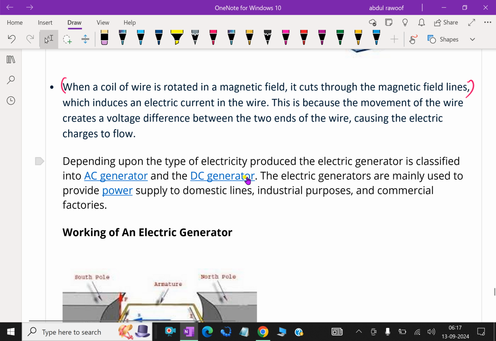Depending upon the type of electricity produced, electric generators are classified as AC generators and DC generators. Electric generators are mainly used to provide power supply to domestic lines, industrial purposes and commercial factories.